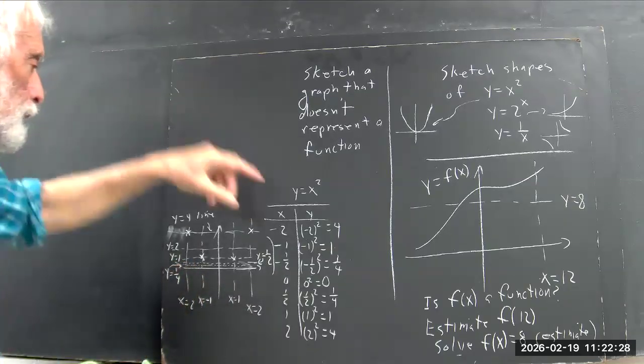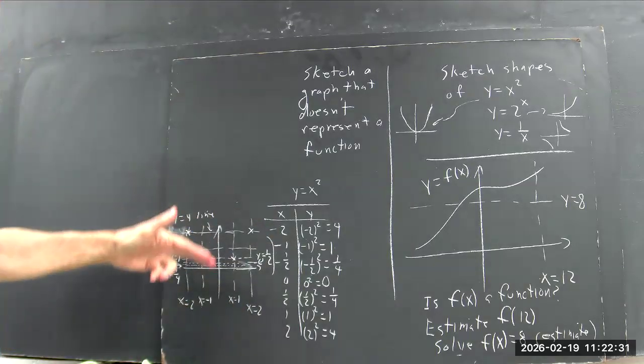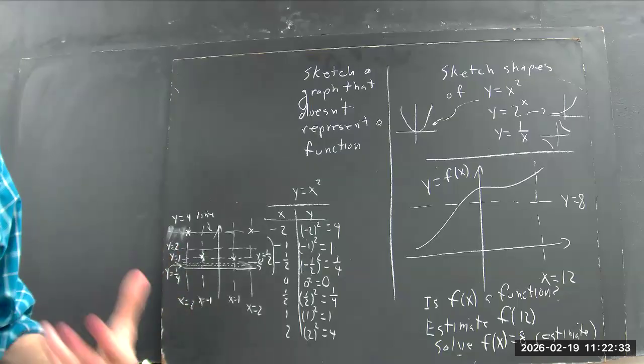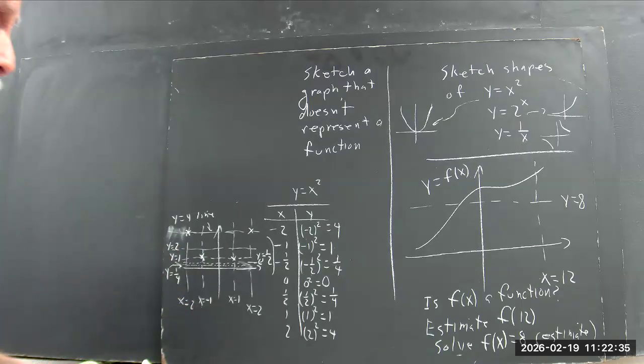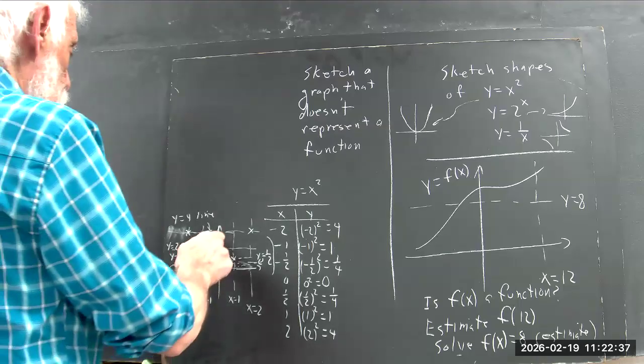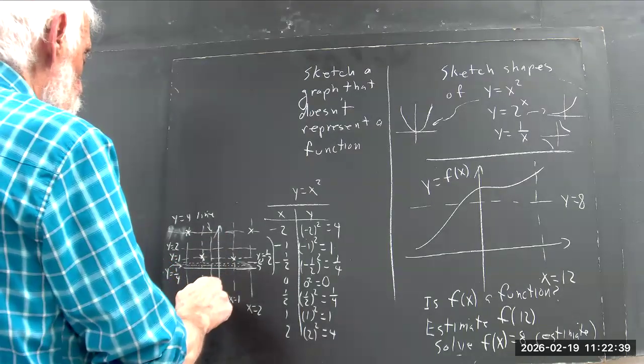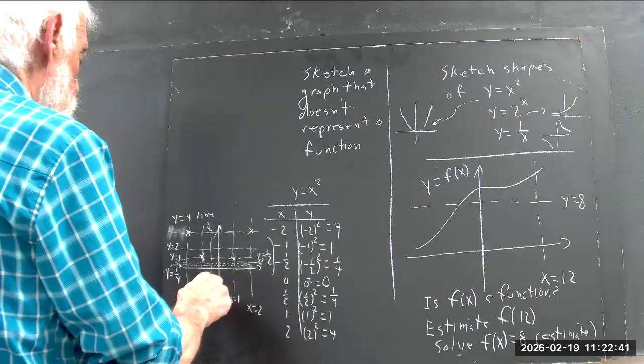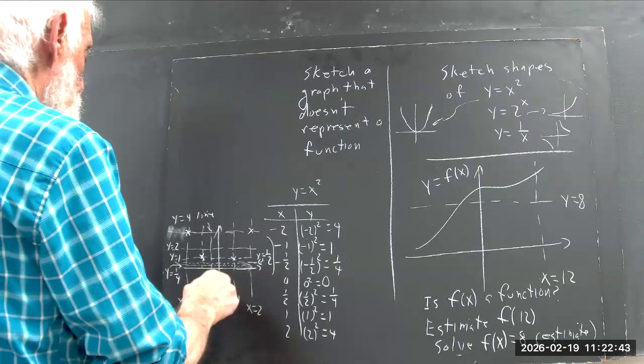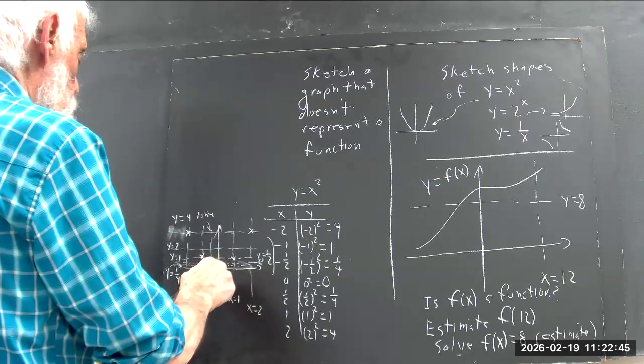And the arithmetic tells us why we've constructed our graph with a grid the way we have. So when x equals -1/2, we get y equals 1/4.